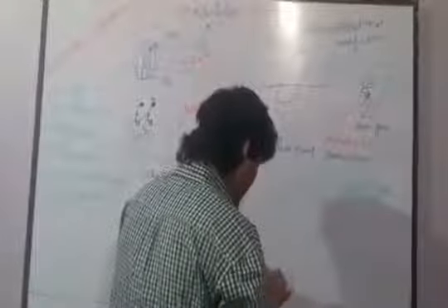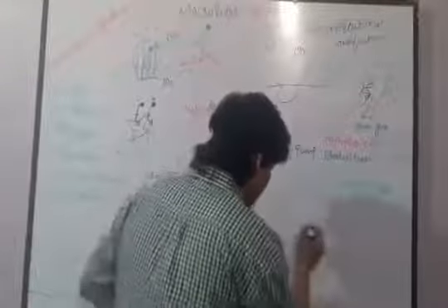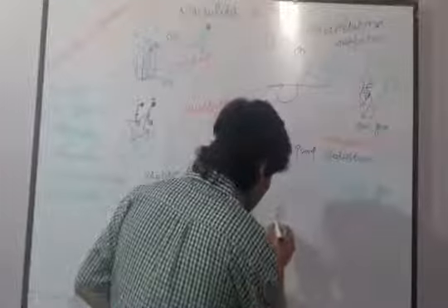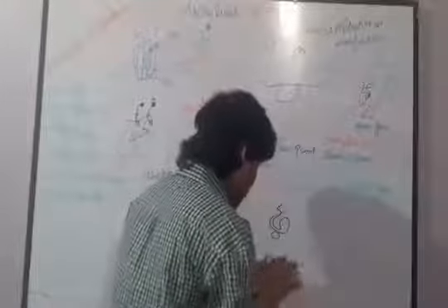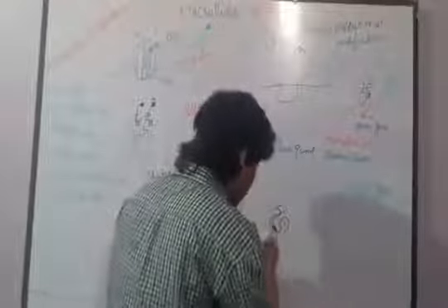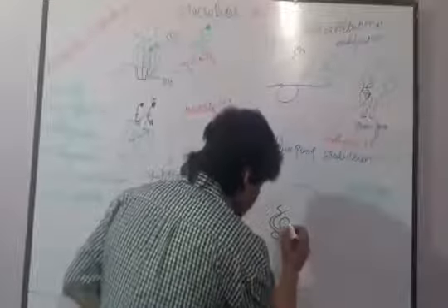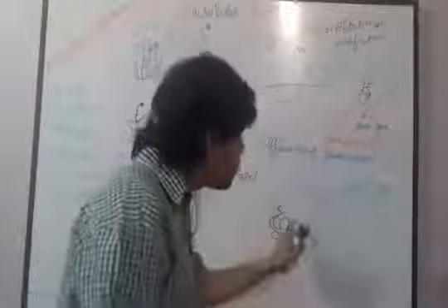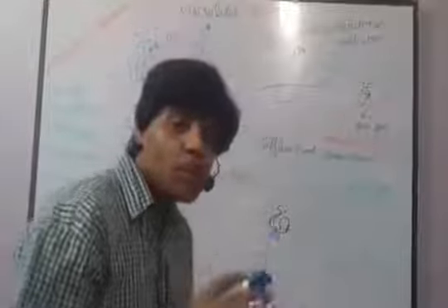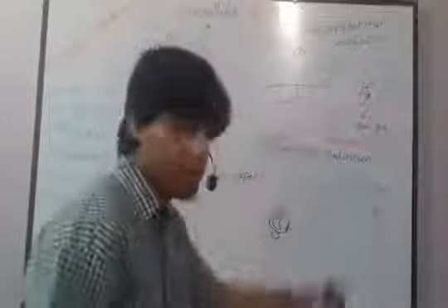These are the genome of the bacterium. Somewhere in the genome there is, let's suppose this one represents the mefA gene. Due to the presence of this mefA gene, it produces these efflux pumps.